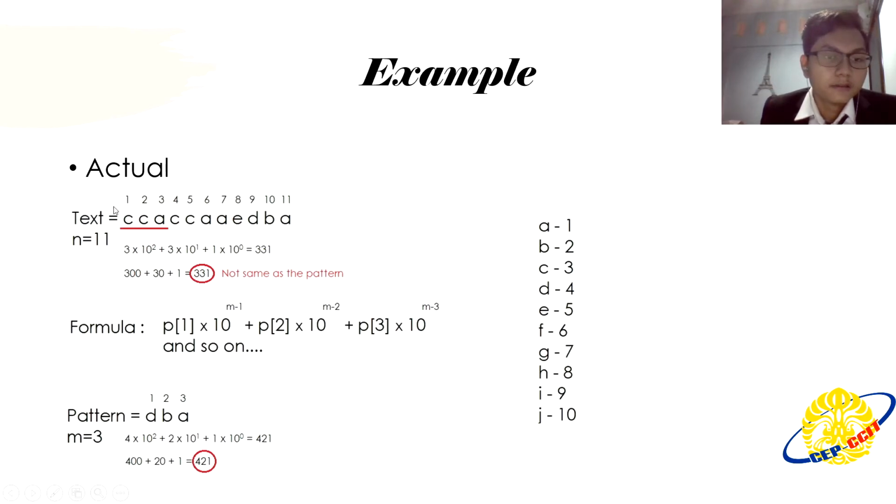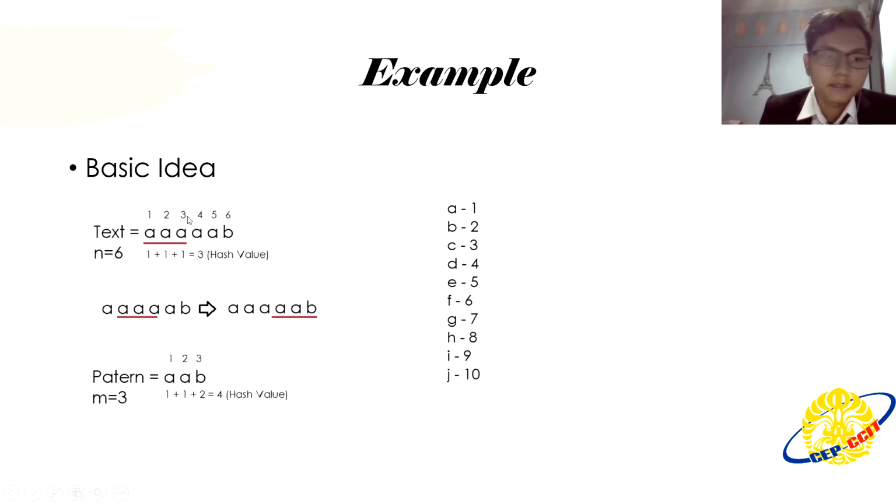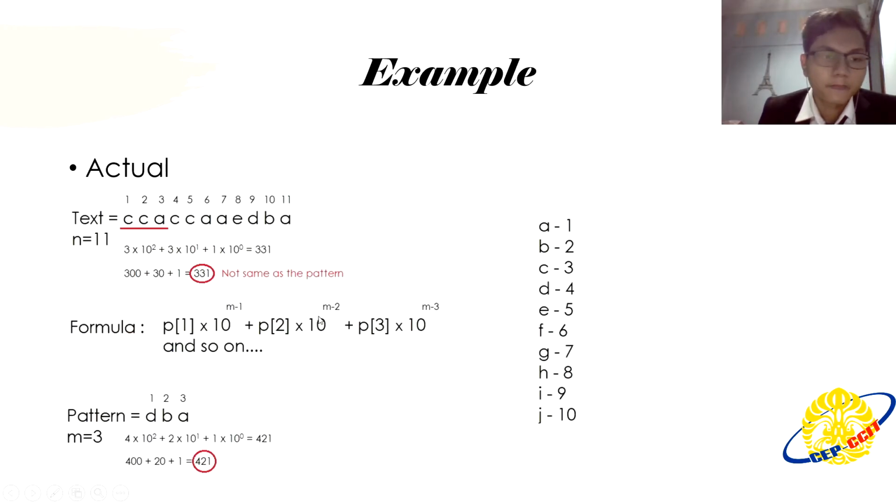But the text value from CCA is not the same as the pattern. So we need to search again, just like before, 3 again, and then 3 again, just like CCA, until we get the exact same value, maybe in this part of the text.